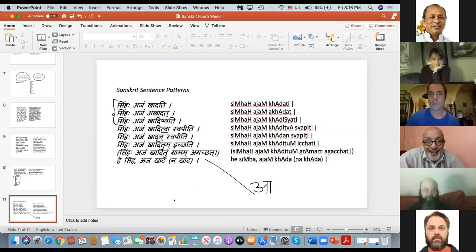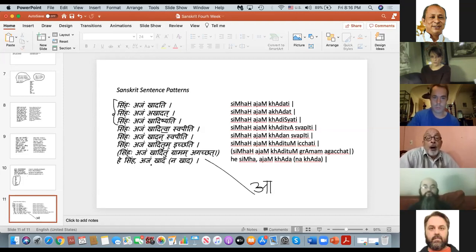Right. To eat the goat, but if you want to make it really clear, in order to. Okay, very good. Hey Simha, ajam khada. The different patterns I am giving: khadati, akhadat, khadishyati, khaditva, khadan, khaditum. Two different ways of using khaditum, and then order, command form.